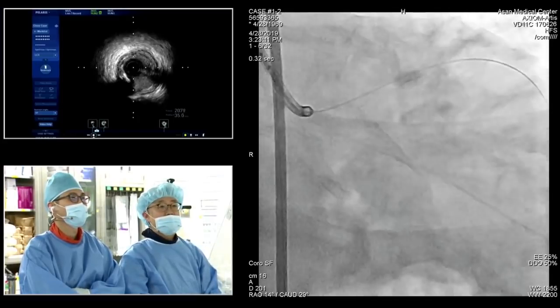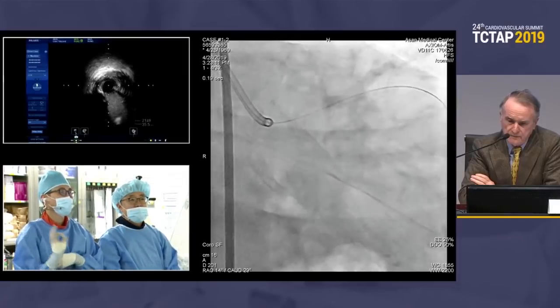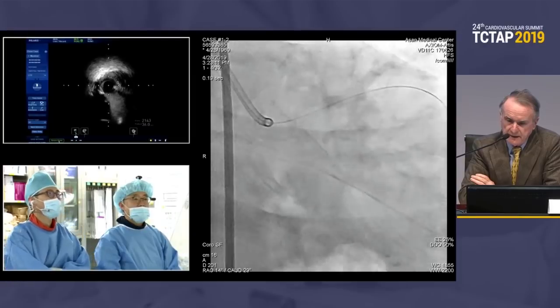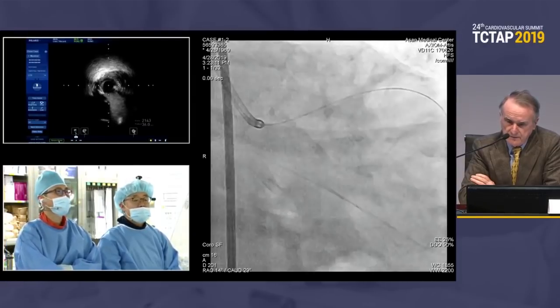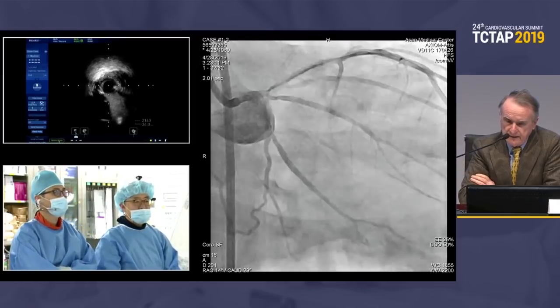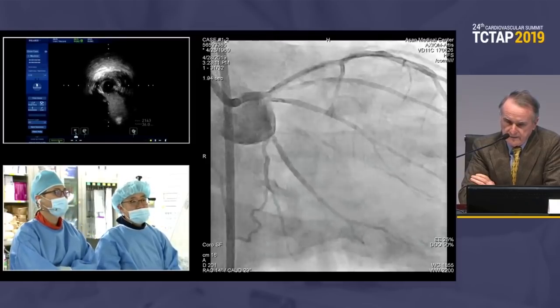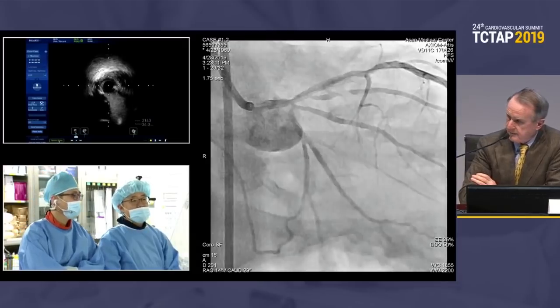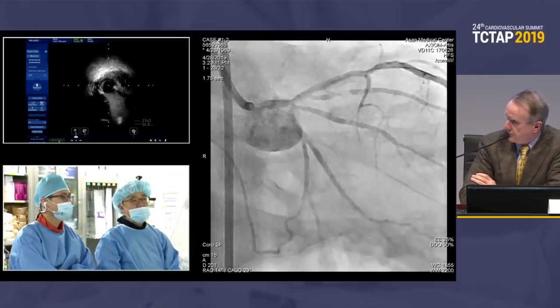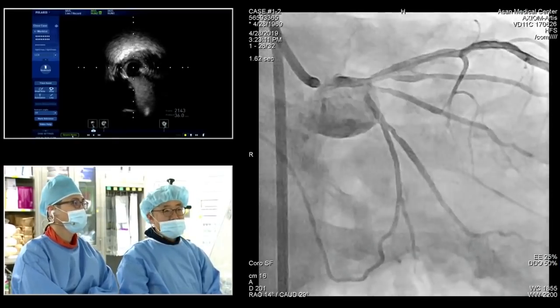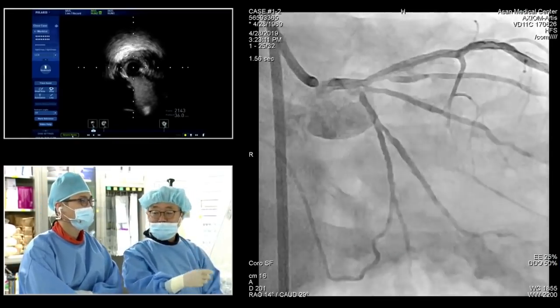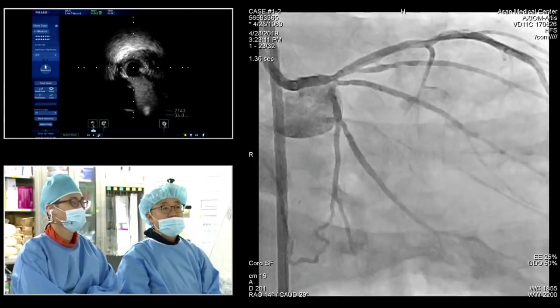The circumflex to me is relatively small. I mean, it is basically made of two branches, or OM. So I will still go for one stent and accept maybe a drug-eluting balloon for the ostial circumflex. Dr. Jung? After seeing the IVUS, the circumflex doesn't seem that large, about 2.5 vessel.